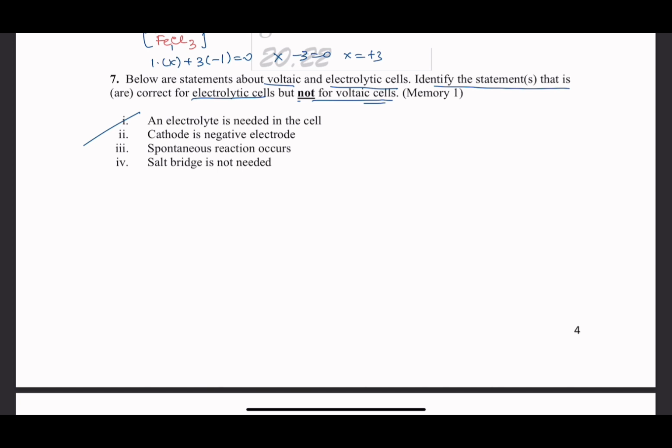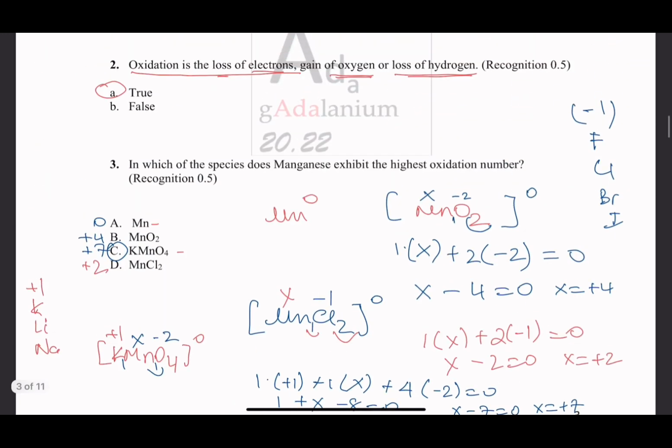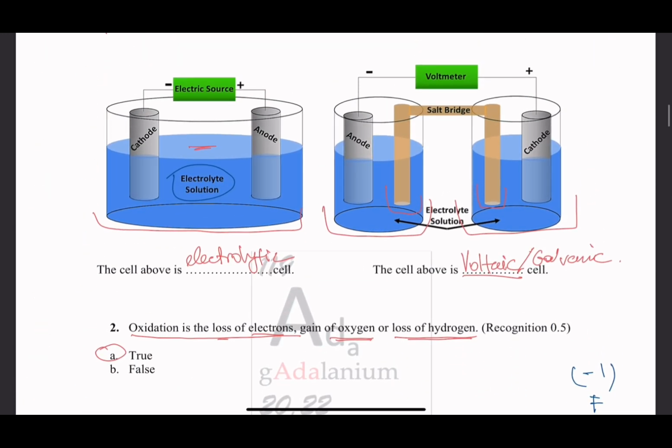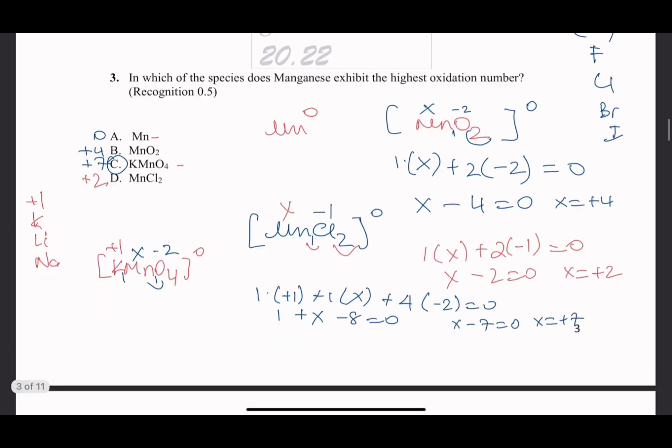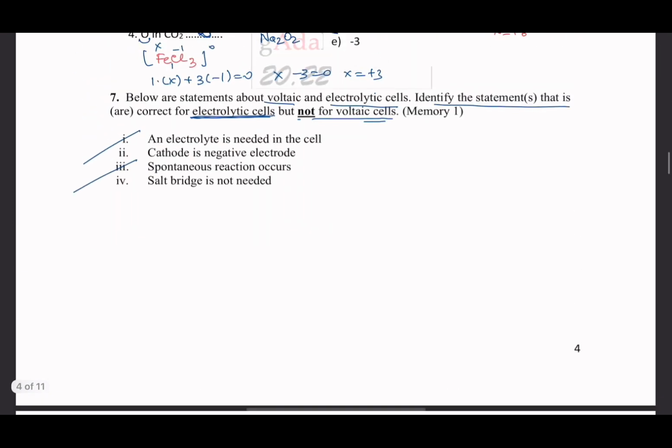A spontaneous reaction occurs. Salt bridge is not needed. We know that electrolytic cells are always non-spontaneous, so this one is incorrect too. Salt bridge is not needed, where we know that electrolytic cells are going without the salt bridge. I showed you guys in the first picture, so there is no salt bridge in here, but we have it for voltaic cell. So the salt bridge is not needed is the answer.